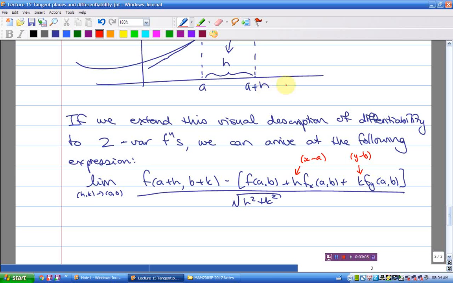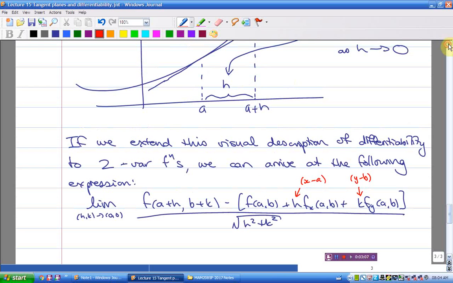Think about how in the single variable analogy above, if I have an x value, let's call it x naught, and my x naught is a plus h, then h is x naught minus a. So that's the kind of thing that's happening here.